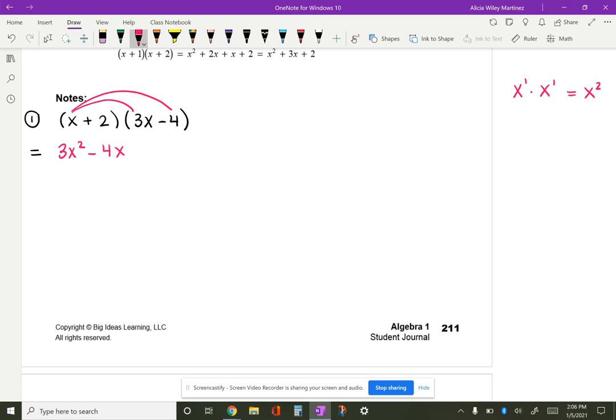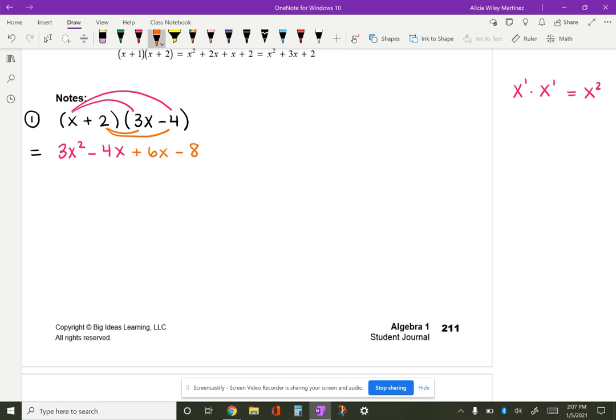Okay, I'm not done yet because I still need to multiply this term to each of these terms. So I'm then going to multiply the 2 to 3x and to -4. So distributing again. So when I do that, 2 times 3x gives me plus 6x. 2 times -4 gives me -8.